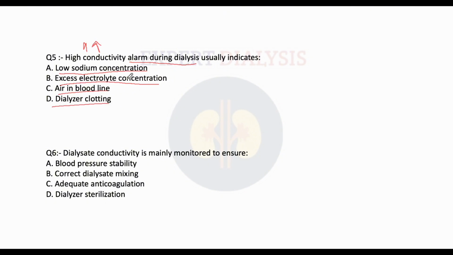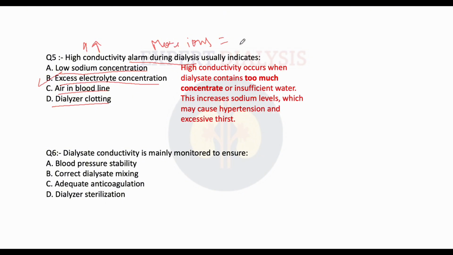Higher conductivity means, as we learned earlier, more ions, more conductivity. So the right answer will be option B, excessive electrolyte concentration. High conductivity occurs when dialysate contains too much concentrate or insufficient water. This increases sodium levels, which may cause hypertension and excessive thirst in patients.